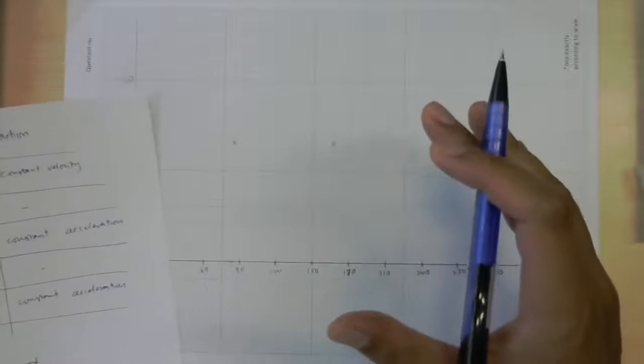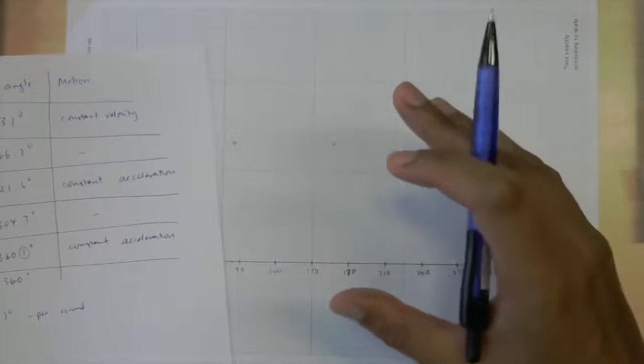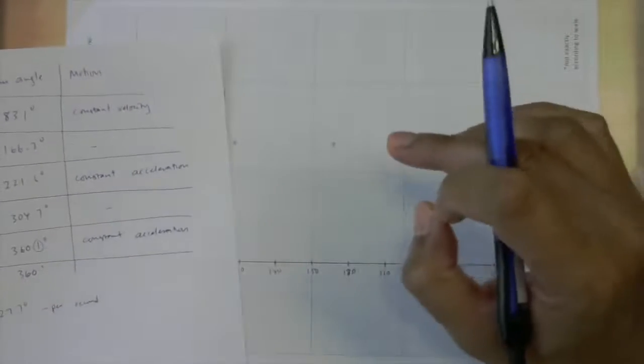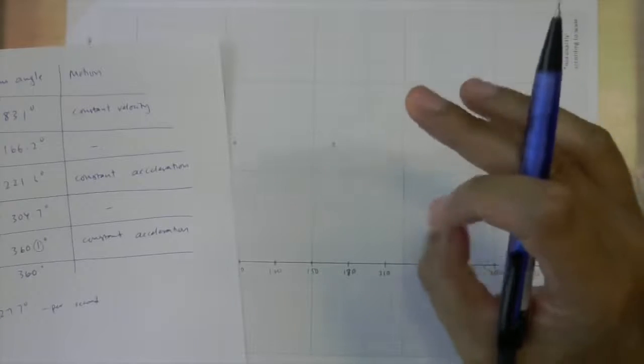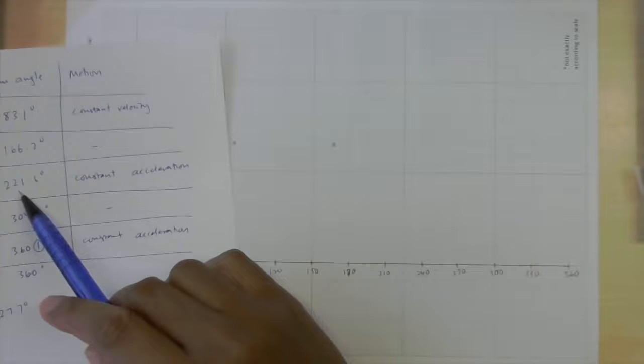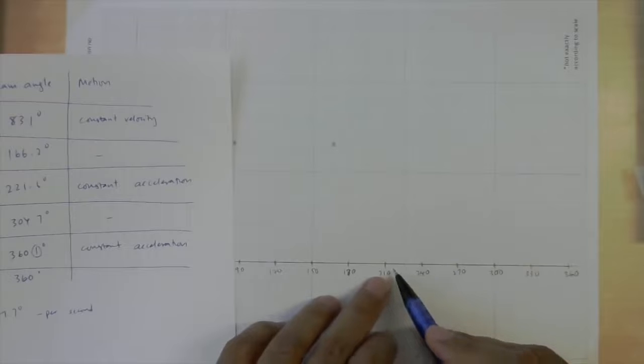You don't have to be really accurate in this, because in the end it's all basically having a lot of approximation. So next is fall 5 mm at 221.6. Okay, 213, 216, 219, 222, somewhere here.